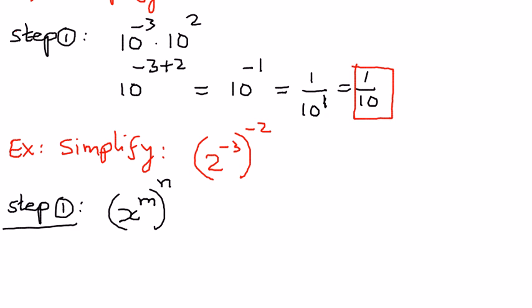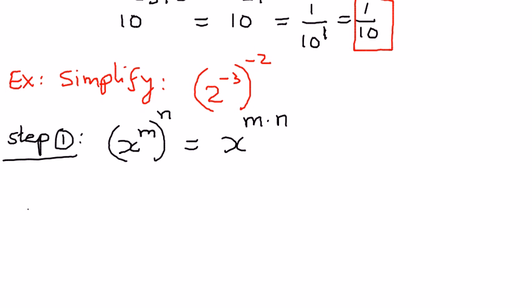So let me expand this, and then we can come back to this one. So x to the power of m, the whole thing raised to the power of n, we can write as, we write the base and then we multiply the powers, m times n. So we will apply this rule to solve this particular problem.